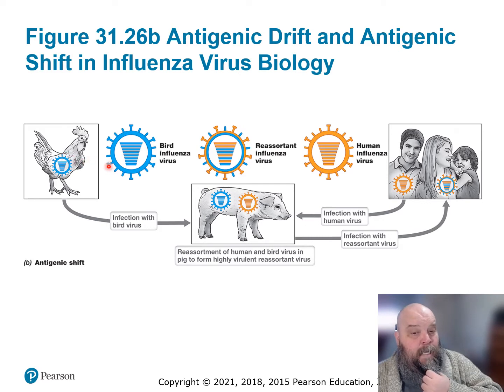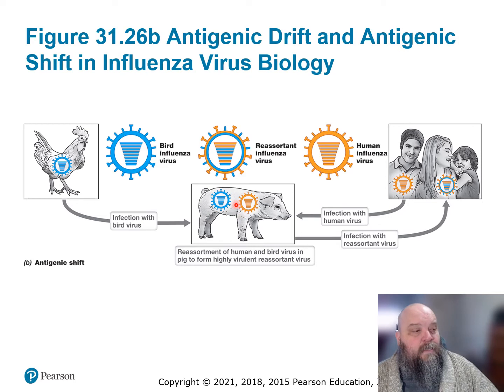But because their proteins can't interact with our receptors, you never got infected. A big enough shift means that the H protein on the bird flu can now interact with receptors on a pig just enough to cause a low level of infection. Not this overwhelming infection like the swine flu would be for a new pig that's never been exposed, but just enough.